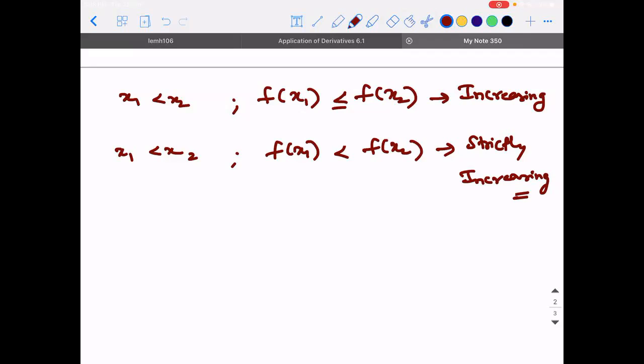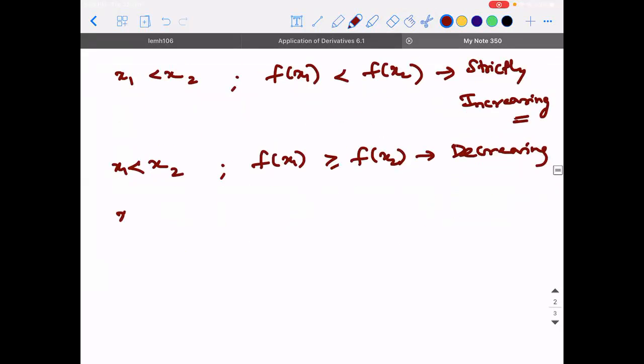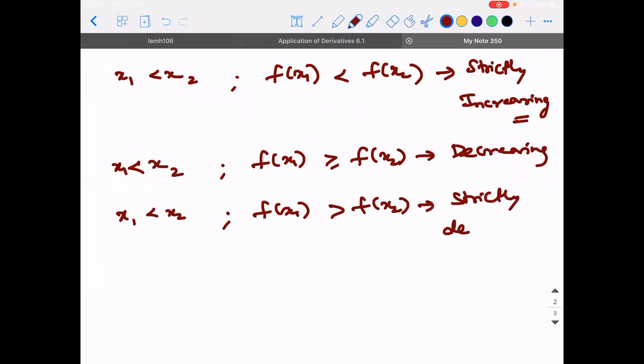Similarly, if x1 is less than x2 and f of x1 is greater than or equal to f of x2, we call it decreasing. Similarly, x1 less than x2, f of x1 greater than f of x2, this will be strictly decreasing.